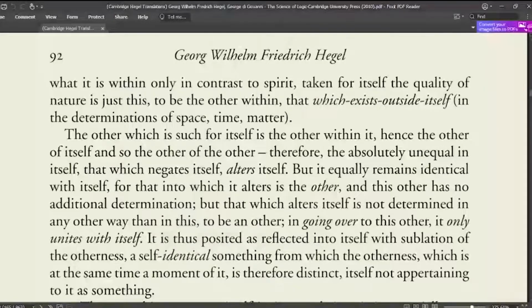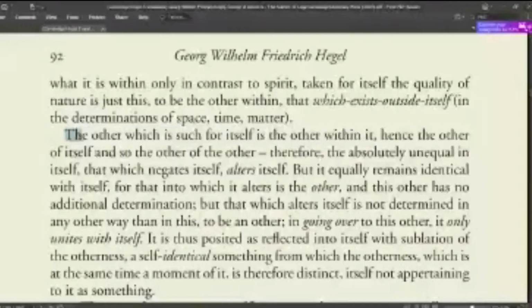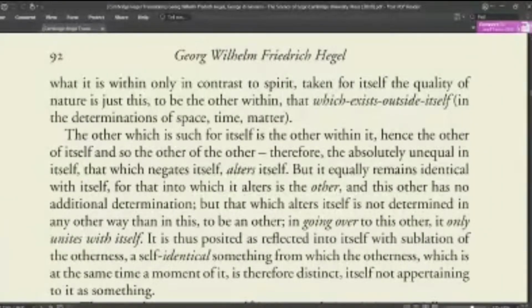I love this paragraph. This paragraph is pure, unadulterated Hegel. The other which is such for itself is the other within it. Hence, the other of itself, and so the other of the other. Therefore, the absolutely unequal in itself, that which negates itself, alters itself.